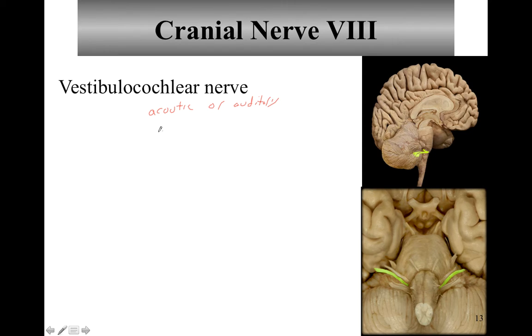It is a sensory nerve with 2 branches, the vestibular branch and the cochlear branch. The vestibular branch has sensory for equilibrium, so your balance, and then the cochlear branch is for your hearing receptors.